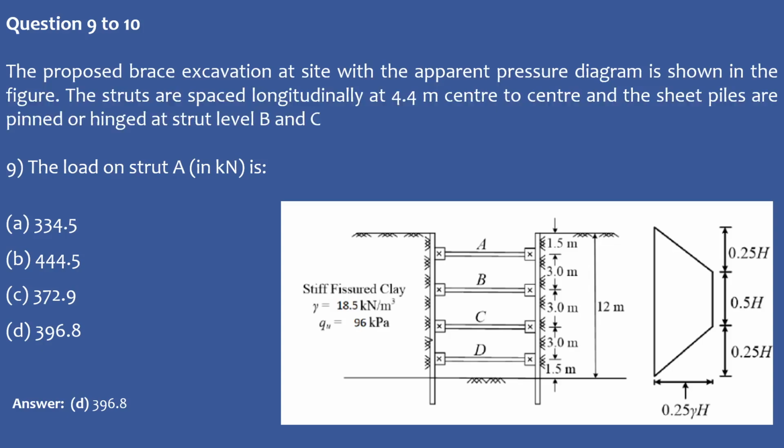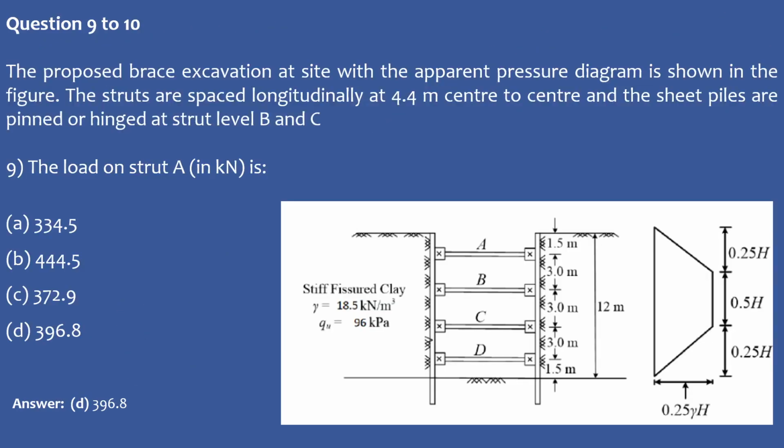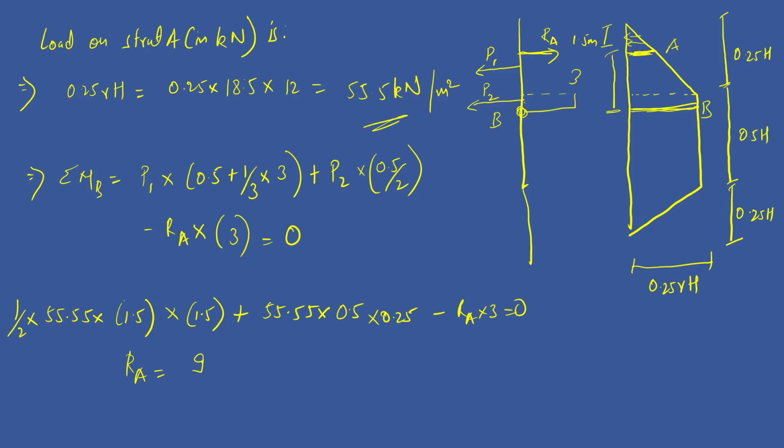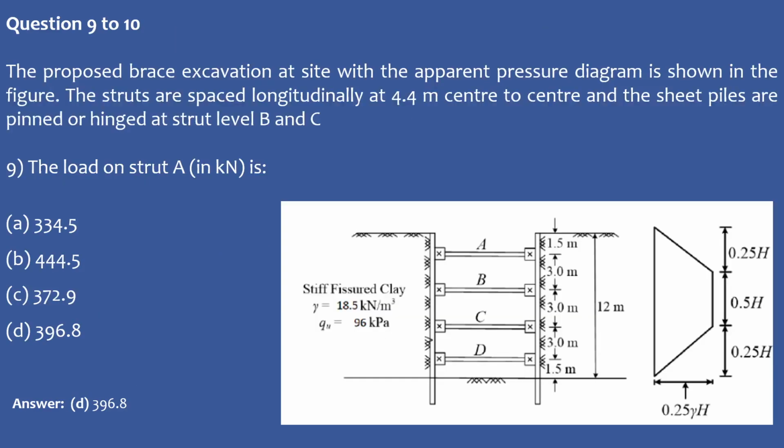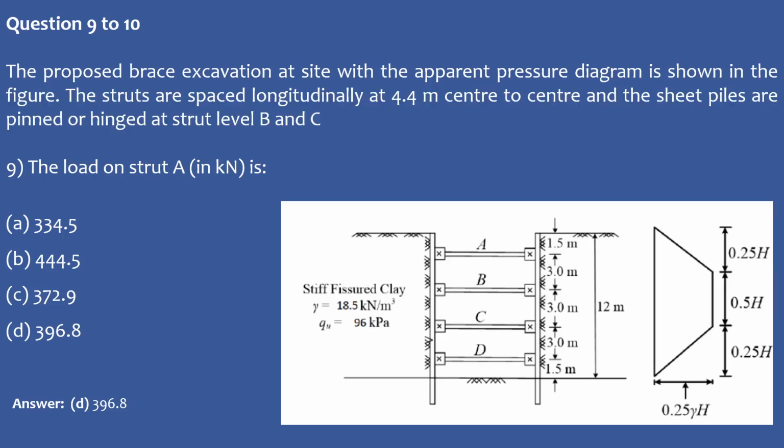Half into 55.5 into... how much is 0.25 h? The triangular portion is 3 meters, right? In the diagram, the triangular portion should be... Half into 55.5 and 0.25.